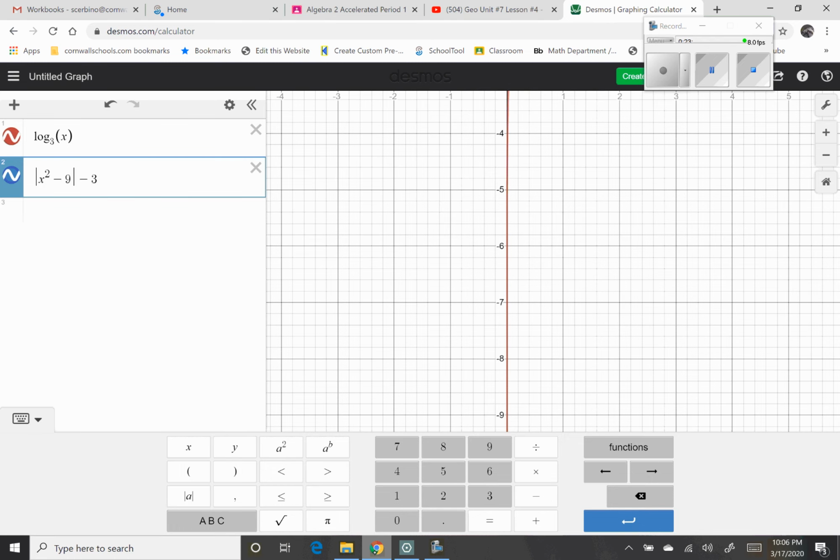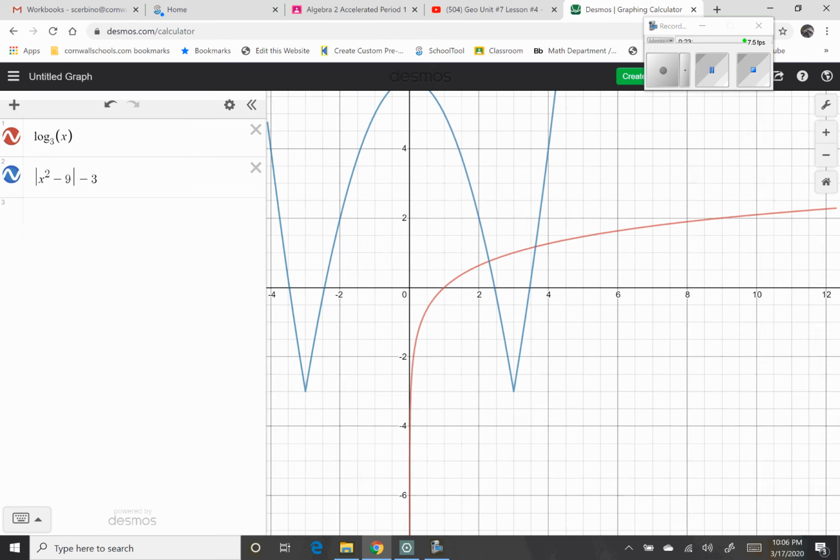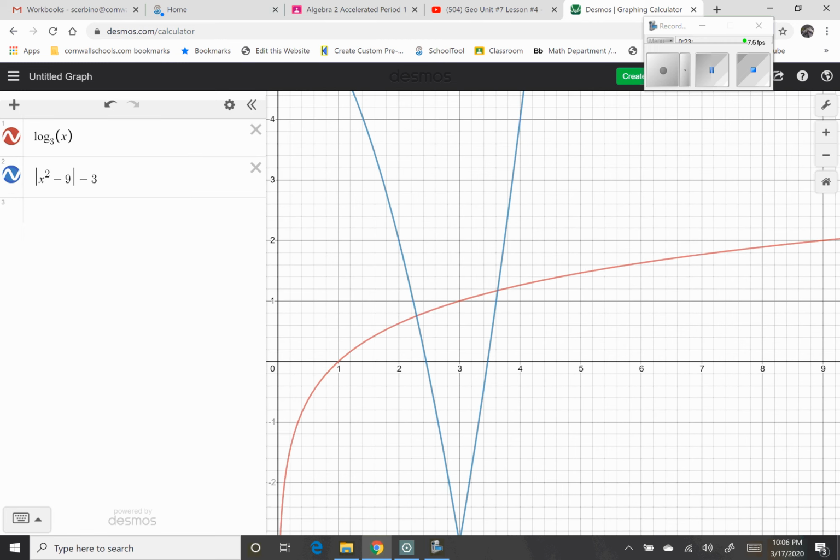Okay. So if we look on Desmos, the nice thing about Desmos is it tells you right away what the points are if you just click on them. There's a point. There's a point. Okay. On your graphing calculator, remember you're going to use second trace and go down to intersect. And we should see that there are definitely 2 intersection points.